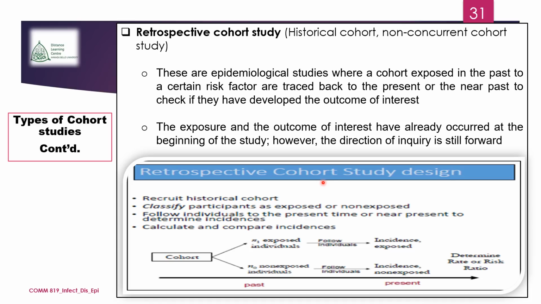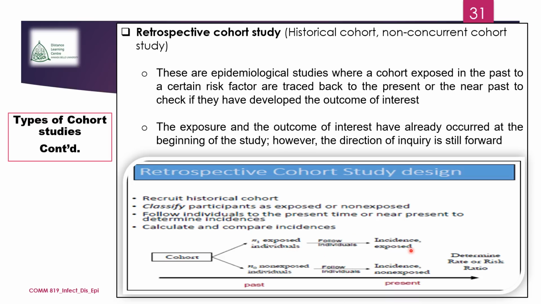Just to share with you, so you can see from past to present, your cohort is your subject. You recruit based on a historical cohort. Maybe they've once been exposed to a particular hazard. Then based on that, you follow up the individuals.